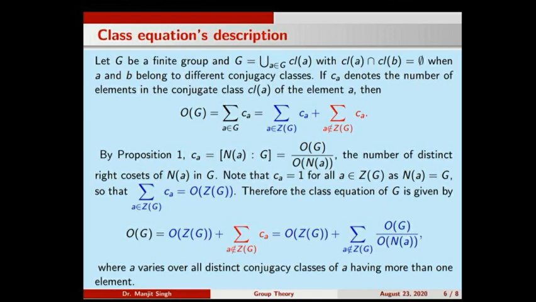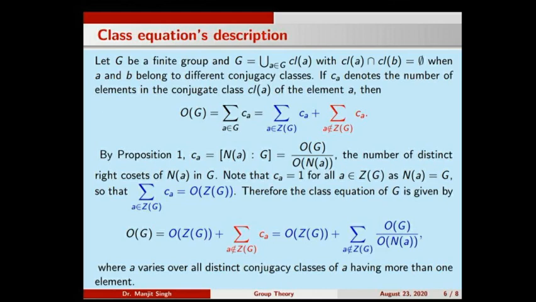You know that if A belongs to the center, N(A) equals G, or you can also think about the class of A: if A belongs to the center, then the class of A contains only the element A. So it means that the class of A contains one element, so small c_A is 1.